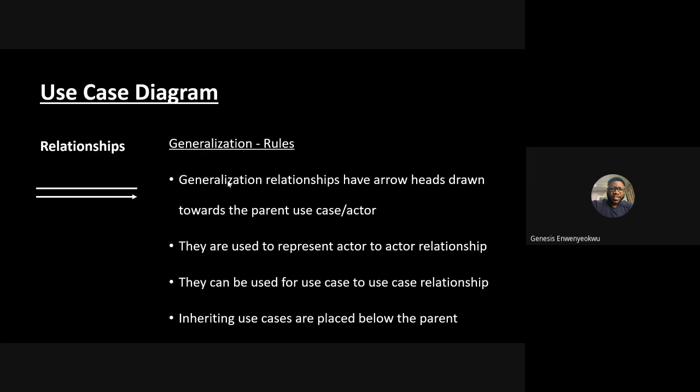It can also be used to show use case to use case relationships. When we are drawing a generalization relationship, the arrowhead will always point towards the parent use case or the parent actor. I'll clarify what a parent and what an inheritor is when I go into practice and draw an example use case model.